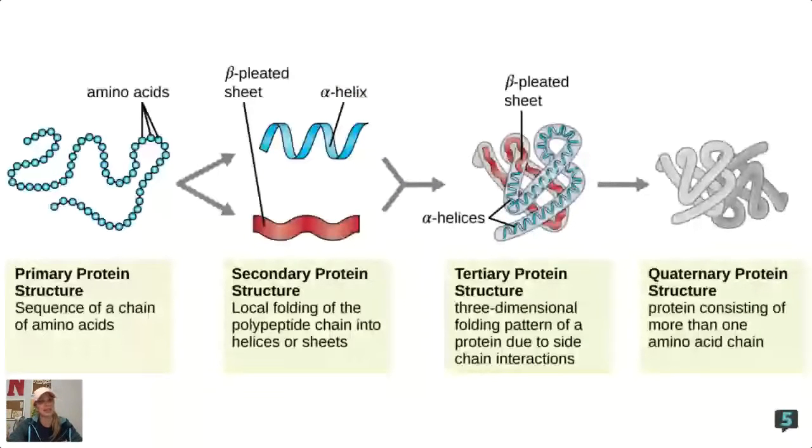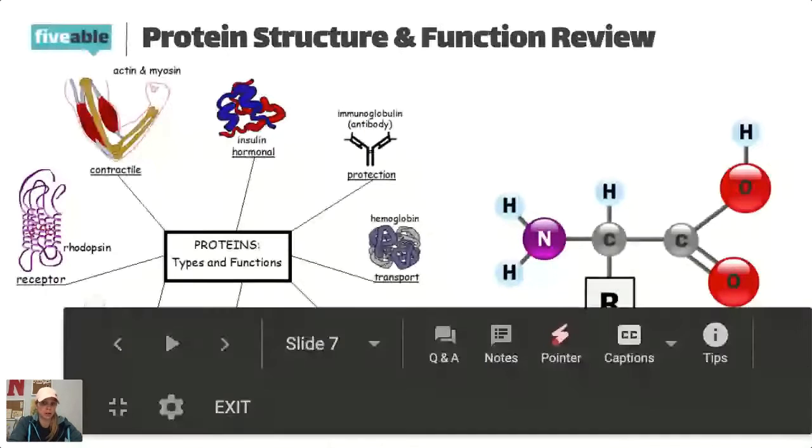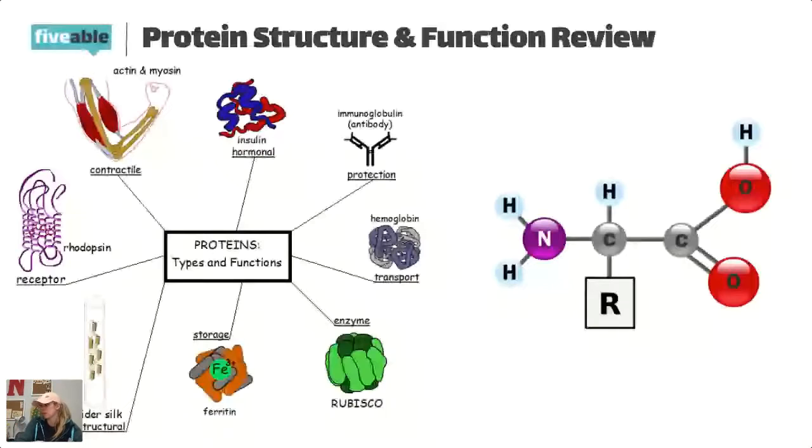But sometimes that protein will bind to another protein, and that's when you get quaternary structure, when several of them come together. This is very, very important because think about it. If you change a single R group, will that amino acid have the same charge? No. Very good.